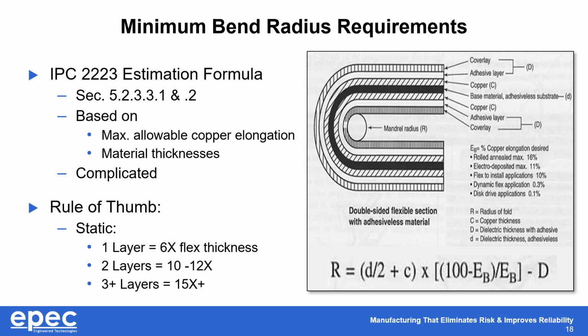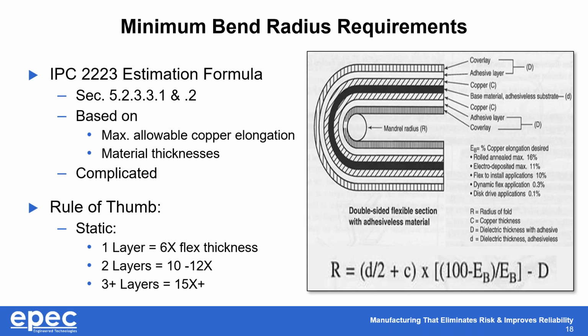The one-layer design has the inherent advantage that the copper is actually right in the middle of the construction, as represented in the image, and it allows for a tighter bend. Two-layer designs are typically in the 10 to 12x range. Three-layer plus designs, 15x plus.